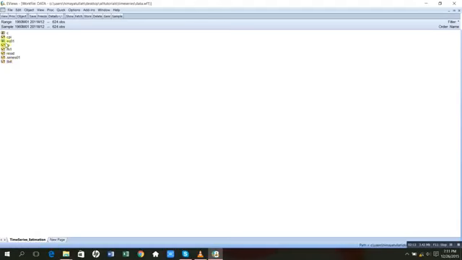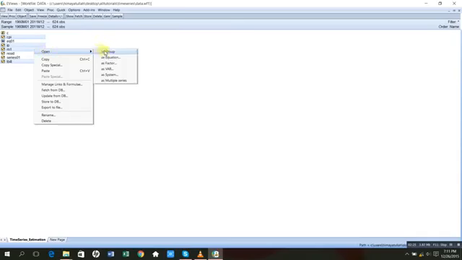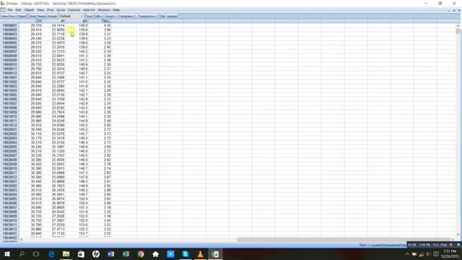First of all, let me open all my variables as a group, and then I will test co-integration. So open them as a group, and this is the consumer price index, industrial production, money supply, and treasury bill.